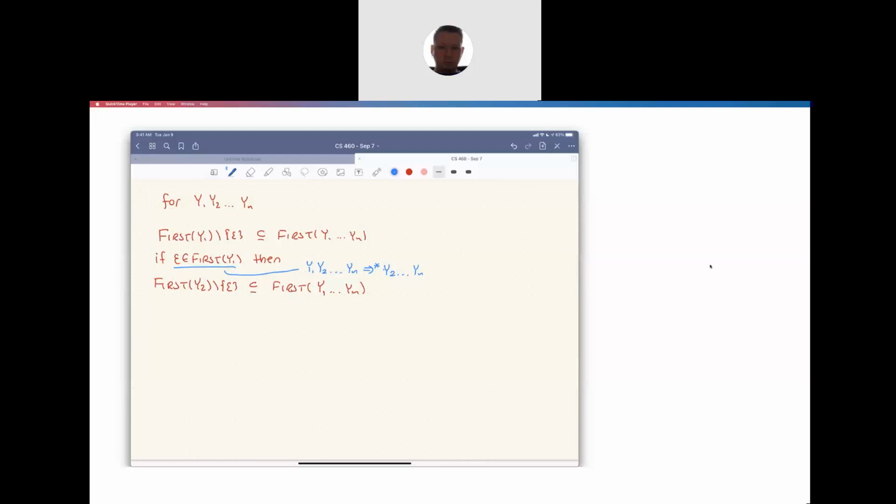So along the line of this, y1 disappears. So now it's just rinse and repeat. If epsilon is in the first of y2, then the first of y3 minus epsilon is in that first set, etc., etc., etc.